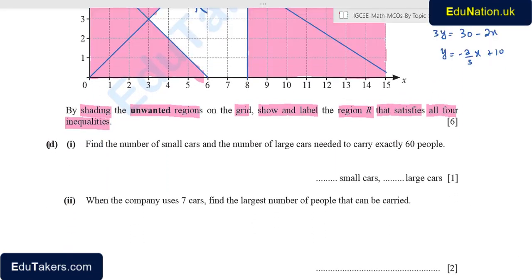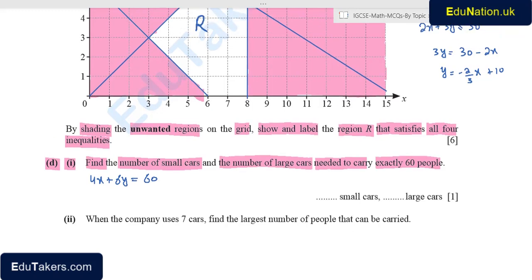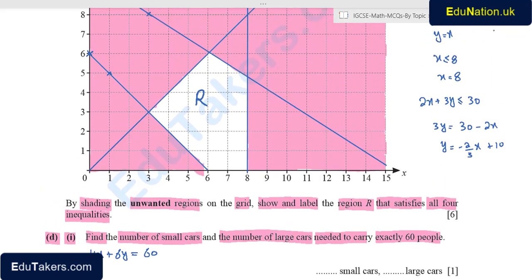Next is part D. First, find the number of small cars and the number of large cars needed to carry exactly 60 people. The equation is 4x plus 6y equals 60, and for 60 we will take this point (6, 6).